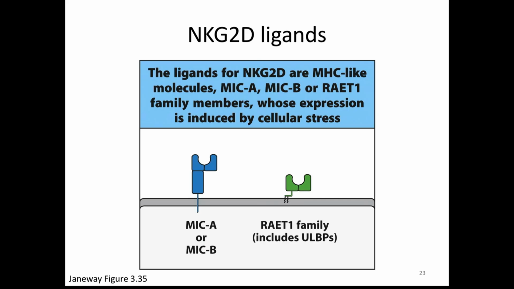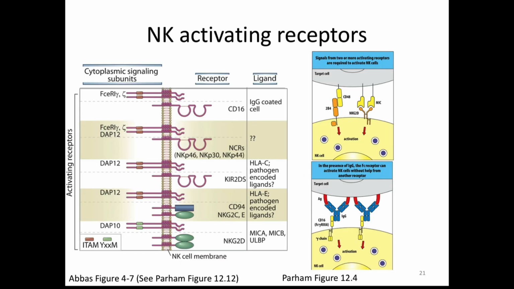So basically the idea is if NKG2D on an NK cell encounters one of these proteins, MIC-A, MIC-B, or one of the RAE1 proteins, that activates the NK cell. The NK cell is going to kill. You also saw that exact same thing up here. So here's NKG2D, it's binding to its ligand, that's activating the NK cell. So that's what's going on here.